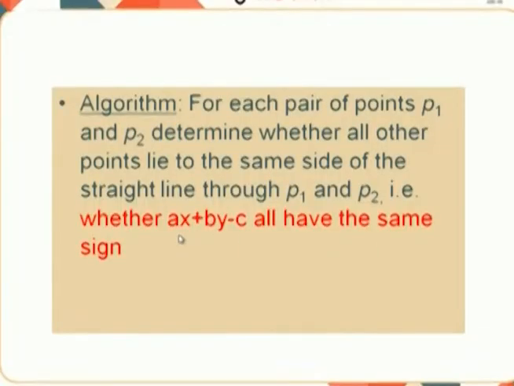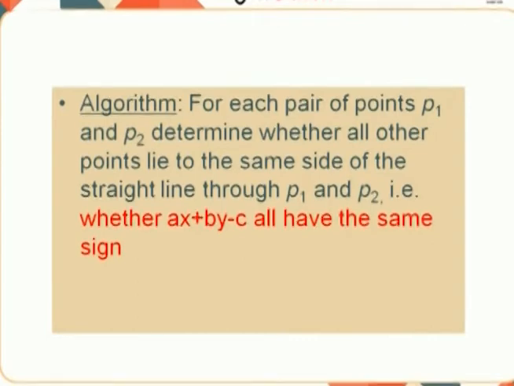I am going to find the pair of points p1 and p2, and determine whether all the points are on the same side or not. In other words, I am going to check whether ax + by - c has the same sign or not.